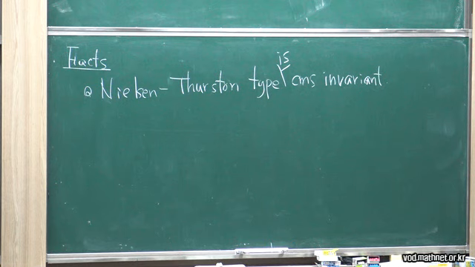And from now on, let's assume that S_phi satisfies the condition that 3g minus 3 plus n is positive.